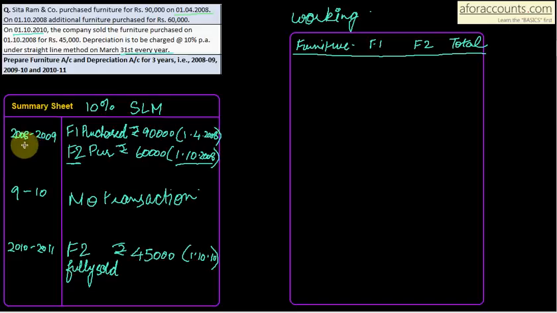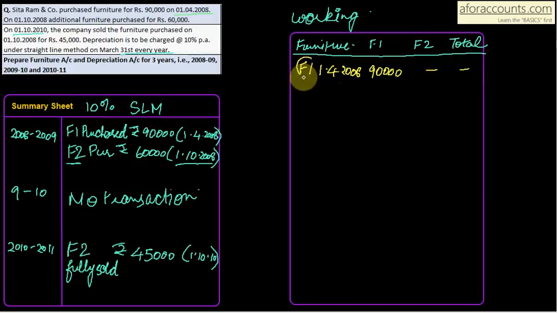On 1/4/2008, a furniture was purchased. F1 is purchased, so furniture purchased F1, 1/4/2008 for rupees 90,000. And no other transaction on 1/4/2008.